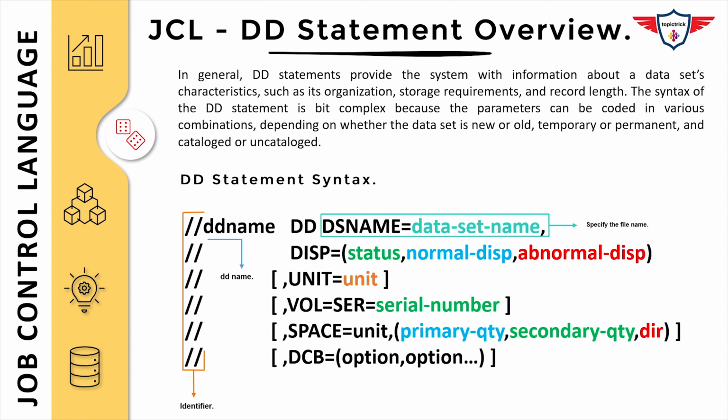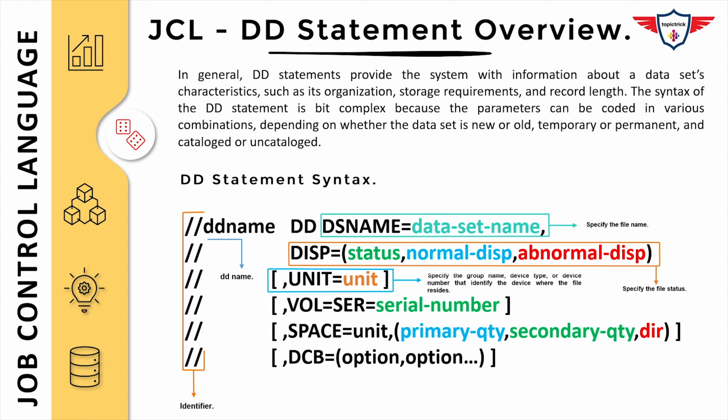After that you have DSN name, which is used to specify the actual dataset name and location. Next you have the disposition parameter, which is used to specify the initial and final status of the dataset. The next four parameters are generally used to specify the format of the file, the record layout of the file, and the space which is required to store that particular file. Now let's look at those parameters one by one.